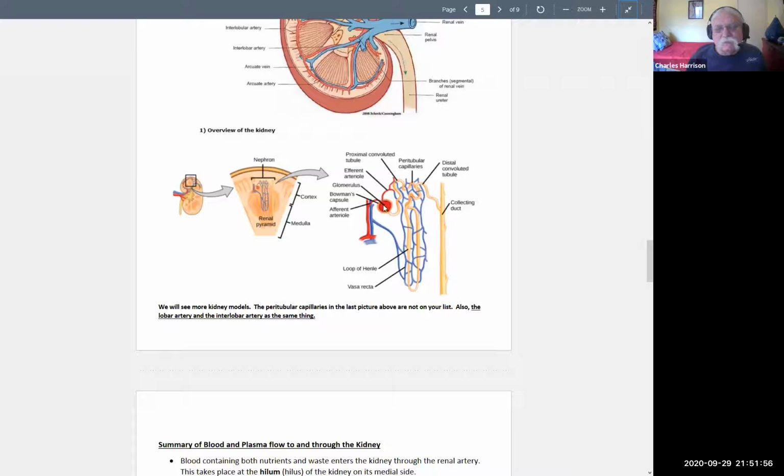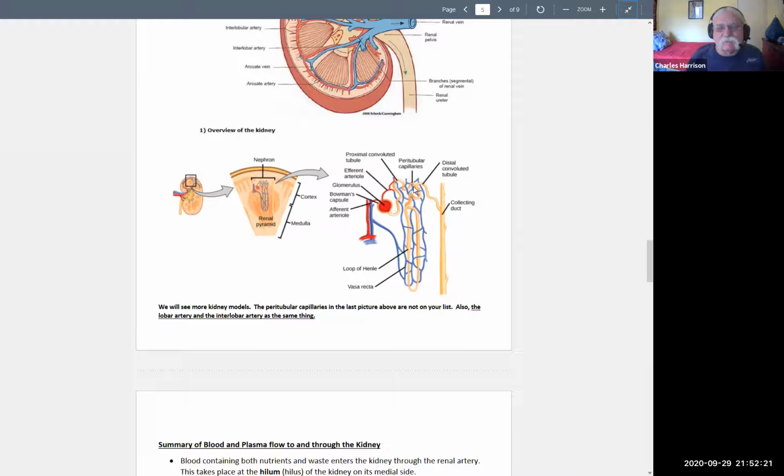But when the pressure builds up, you can squeeze the capillaries essentially like a sponge and press plasma out. Plasma leaks out. It goes into the Bowman's capsule and then out this tube here. This is the proximal convoluted tubule.